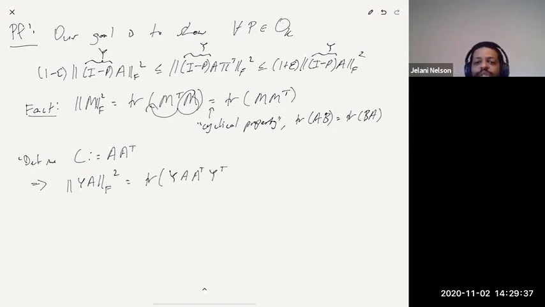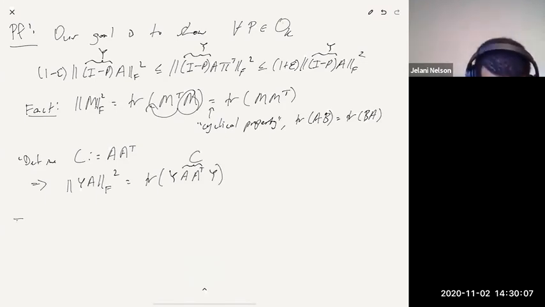Y is a projection matrix itself, right? It's the projection onto the orthogonal space. So any projection matrix can be written as QQ transpose for some matrix Q with orthonormal columns. So QQ transpose, the transpose of that is QQ transpose. So any projection matrix is symmetric. So Y transpose and Y are the same thing. So I can get rid of this transpose. And this is just C.